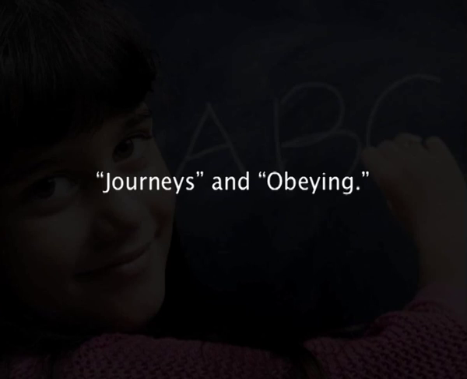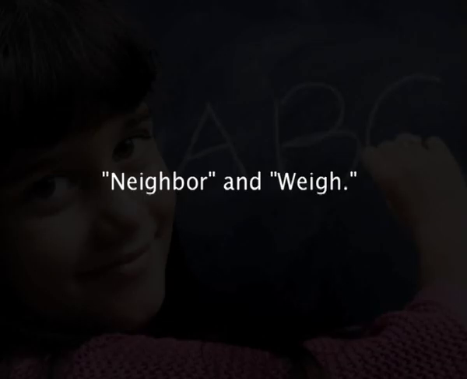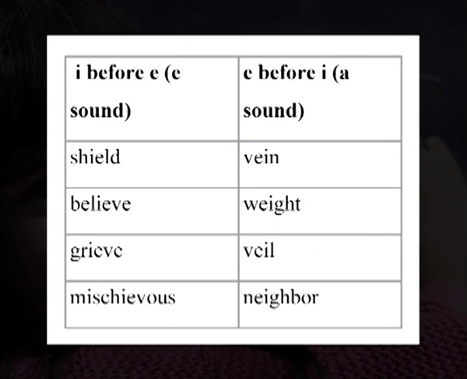There is yet another rule. Use I before E, except when the two letters follow C and have an E sound, or when they have an A sound, as in neighbor and way. Let's see the table. I before E, E sound: shield, believe, grieve, mischievous.